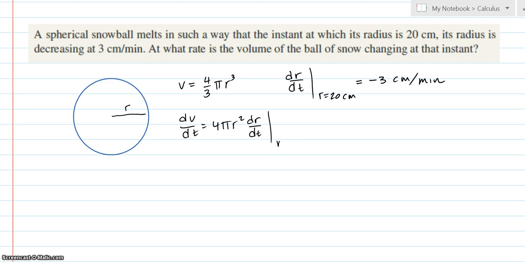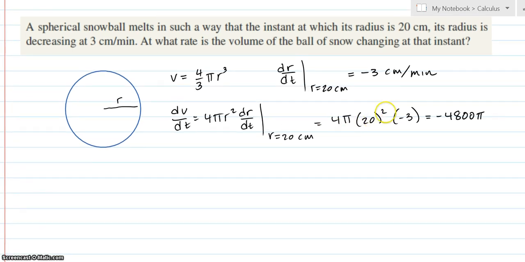So at r equal to 20 centimeters, we know that dr/dt is also -3, and hence you have the answer. 400 times 4 times -3 would be -4,800. Still have that pi, and we'd still have centimeters cubed per minute. Does make sense because this is a squared times a centimeters per minute, which would be centimeters cubed per minute.